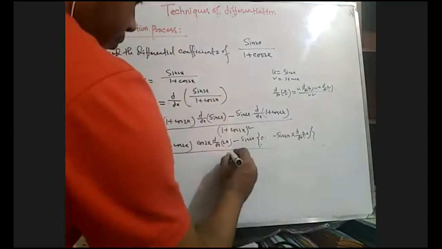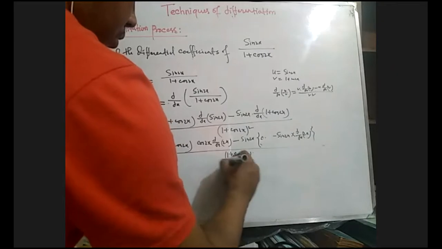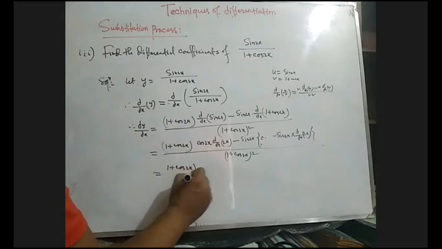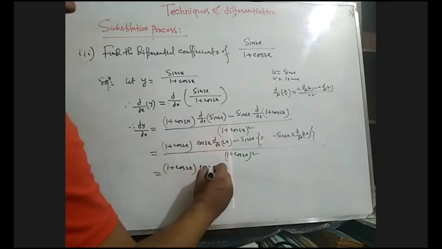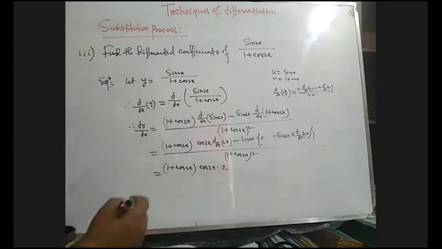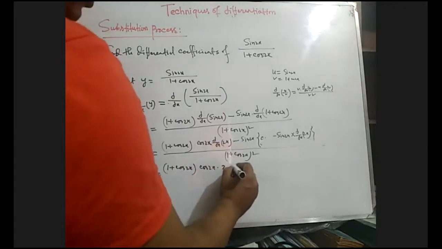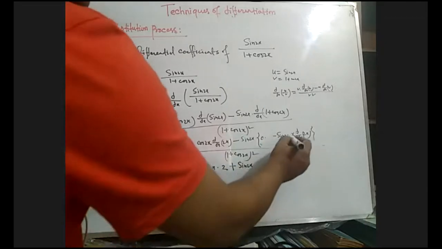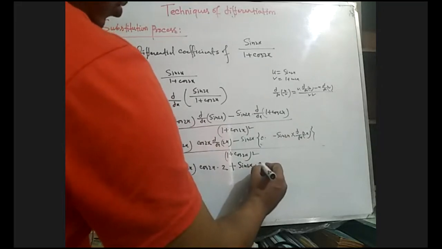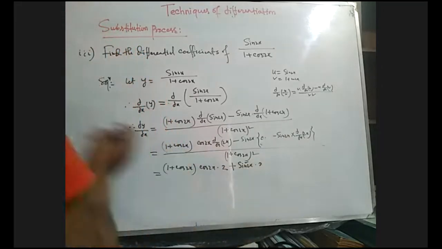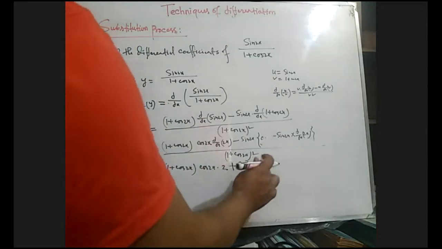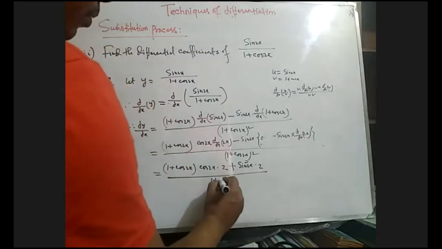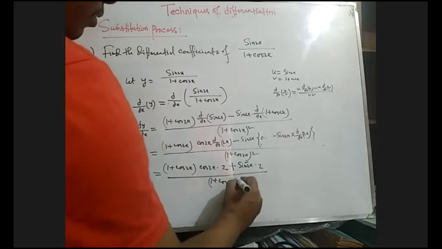Divided by (1 plus cos 2x) into cos 2x into 2, since the differentiation of x is 1, this is why only 2 we get, sin 2x minus minus plus, and again 2 sin square 2x, okay? Sin square 2x into 2, divided by 1 plus cos 2x whole square.